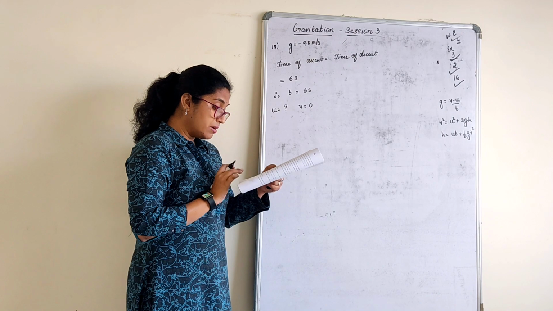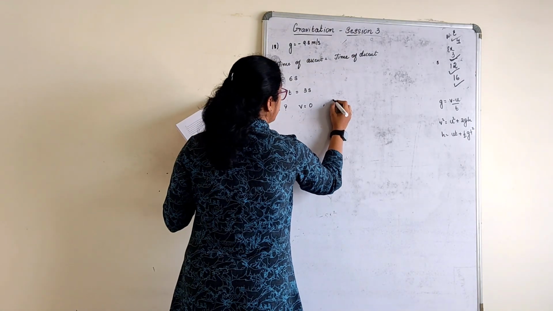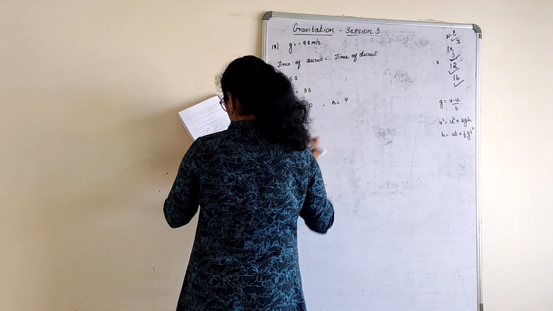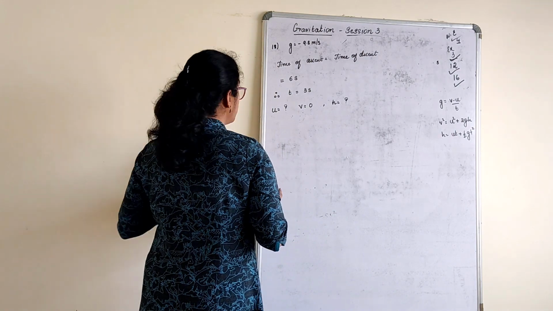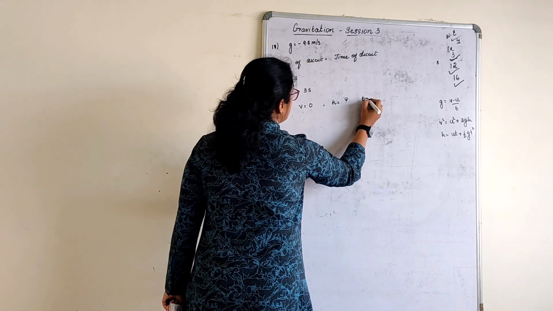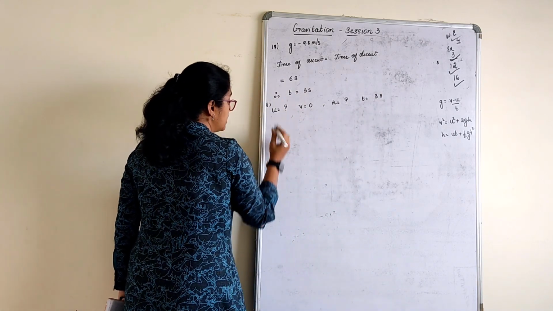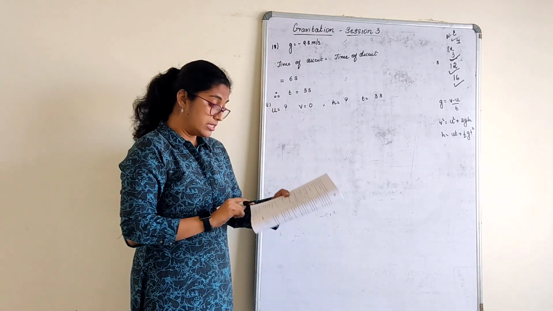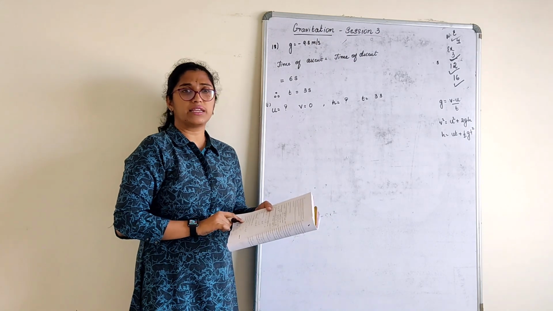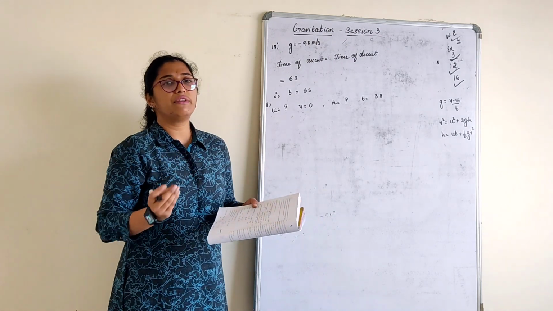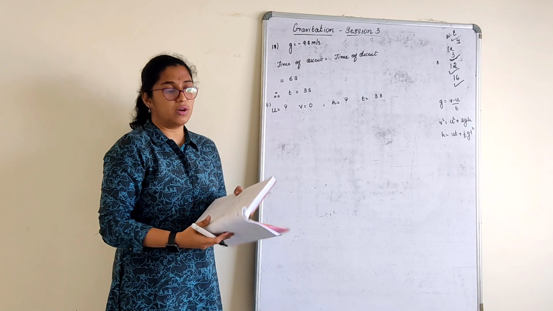Then the maximum height it reaches, and its position after 3 seconds we already know. This is the first part of the question. Second part of the question: what they have asked is the position after 4 seconds.